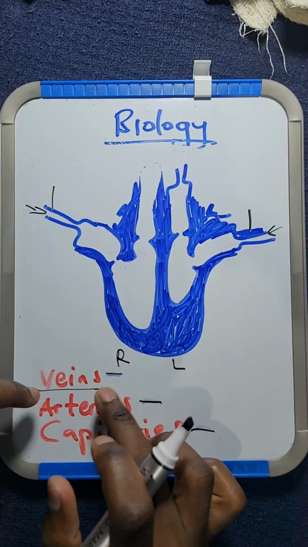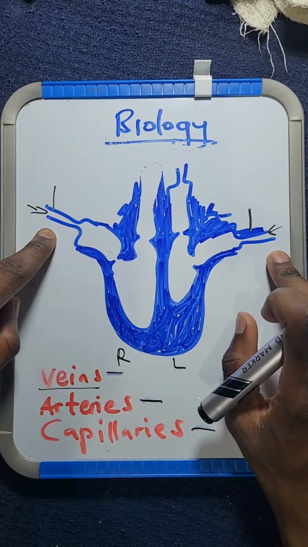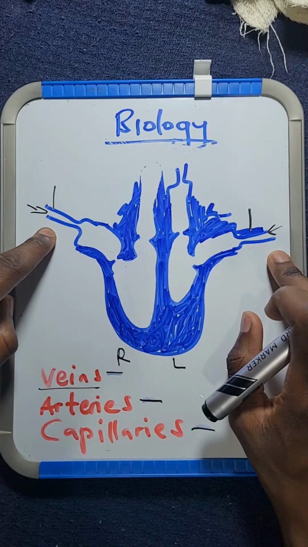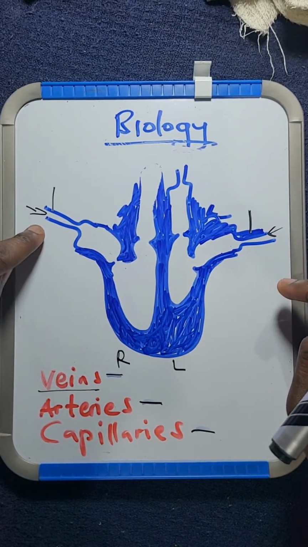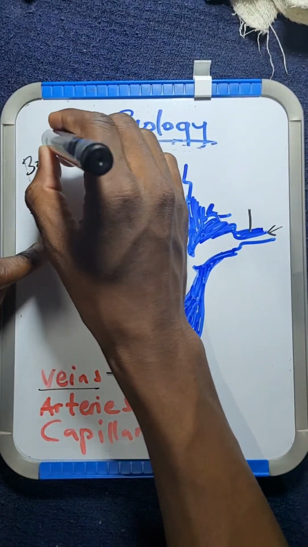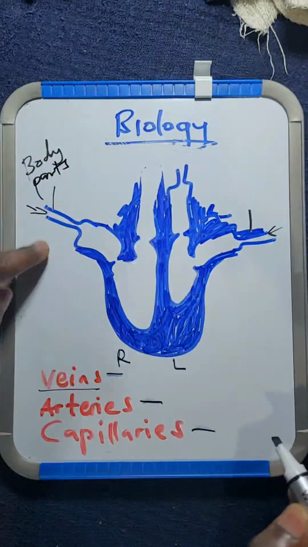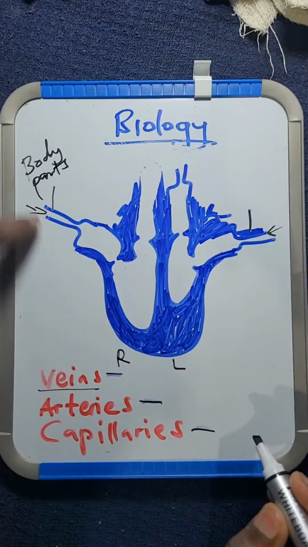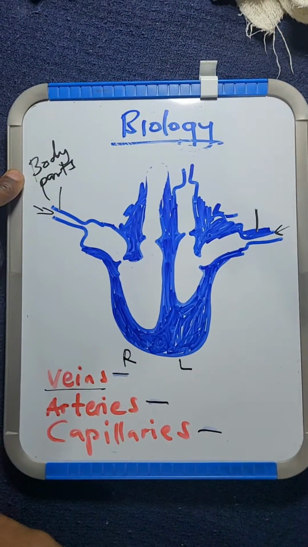Now going back to the veins, we've got this vein here and this vein here. What are they doing? They are bringing blood to the heart. This vein is bringing blood from where? From all parts of the body, bringing it to the heart.